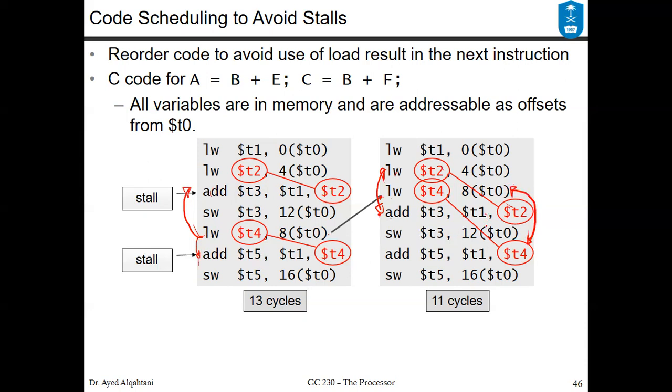Actually, we have 2 instructions. And because of this, we don't need to stall anymore. So we don't waste those 2 stalls, and we have only 11 cycles. So basically, we can do code scheduling to avoid the stalls.